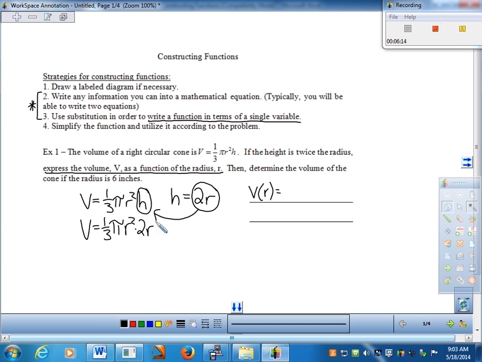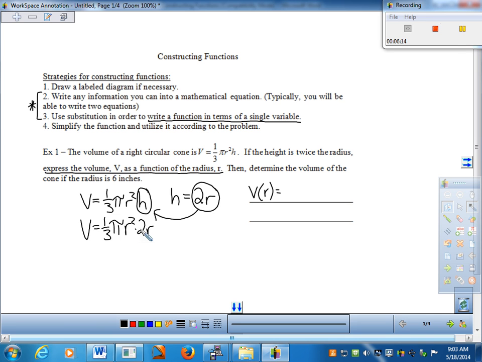Now perfect, I'd ask us to try to simplify things. There's just some good algebra in this. So I'm going to play around with this a little bit, but in essence I've done my job here, everybody. I've got volume in terms of just the radius. That's it. And that's what I was looking for right here. Volume in terms of just the radius.